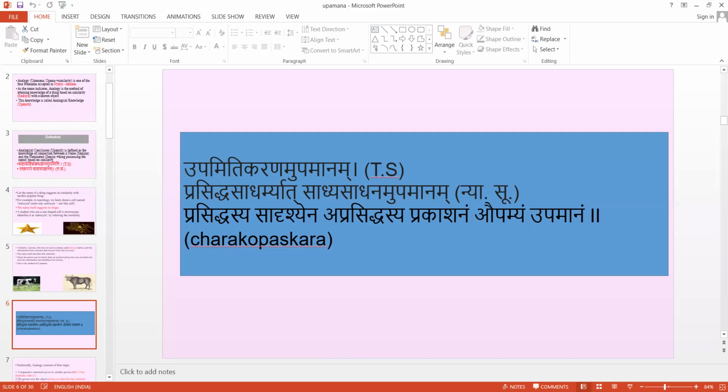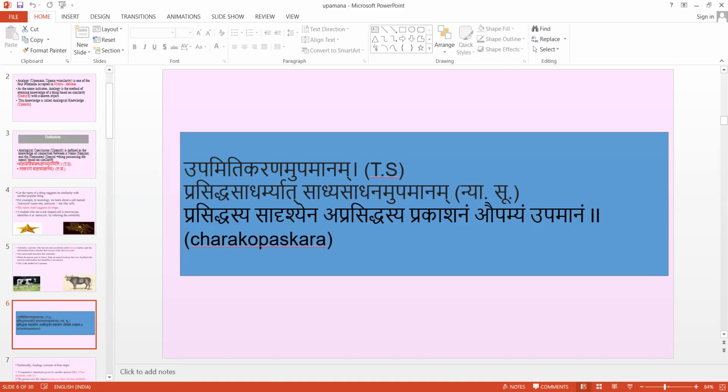Here, aprasiddhasya prakasanam: aprasiddha means unknown object, not famous, not known. That unknown object is prakasanam, lightened, which means you are getting the knowledge. Unknown object knowledge you are getting.